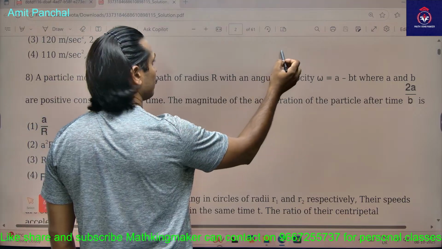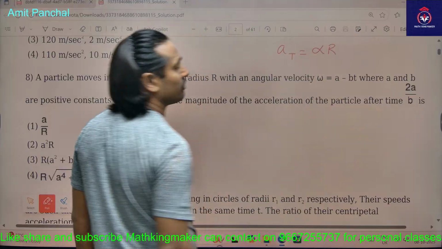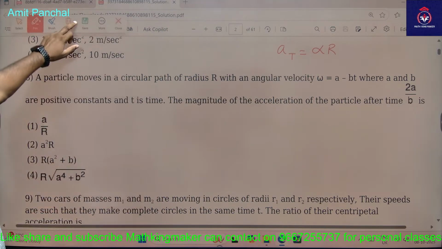Tangential acceleration is alpha r, where alpha is angular acceleration. Do you remember it? Yes, I remember it.